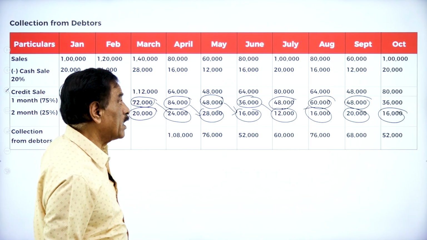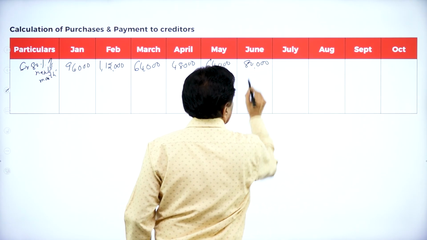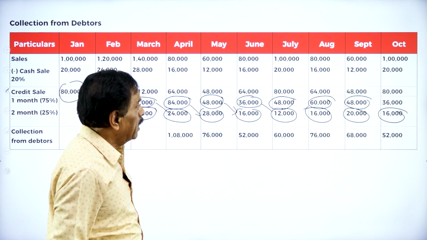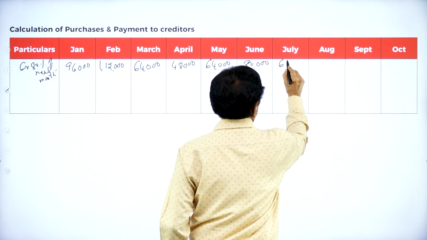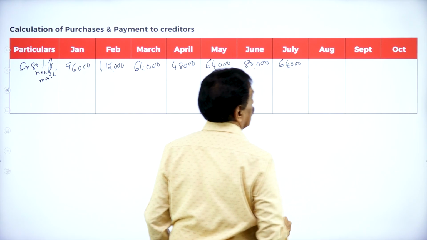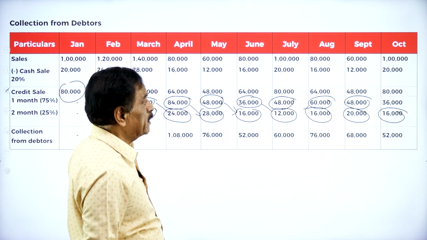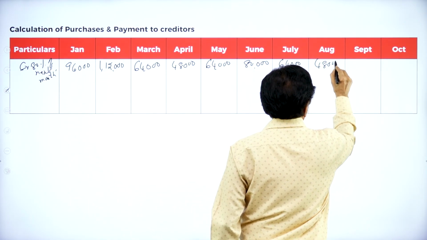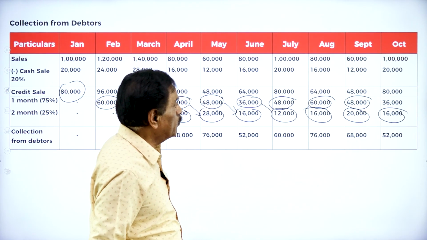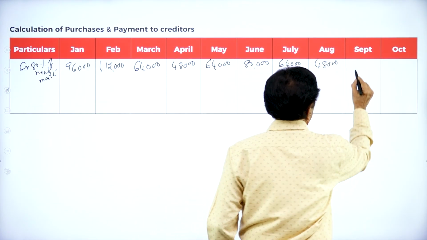July, you got 1 lakh, 80% means 80,000. August, 80,000, 80% means 64,000. September, you got 60,000, 80% means 48,000. You got October sale 1 lakh, 80% means 80,000.